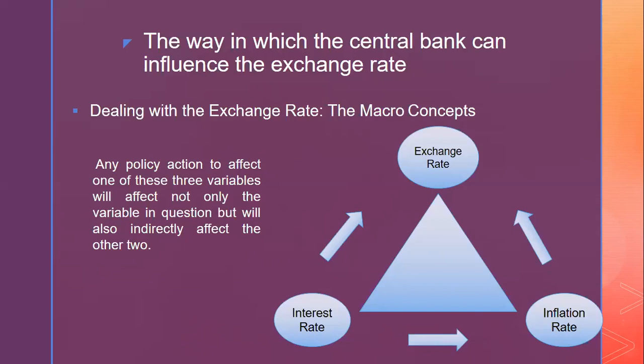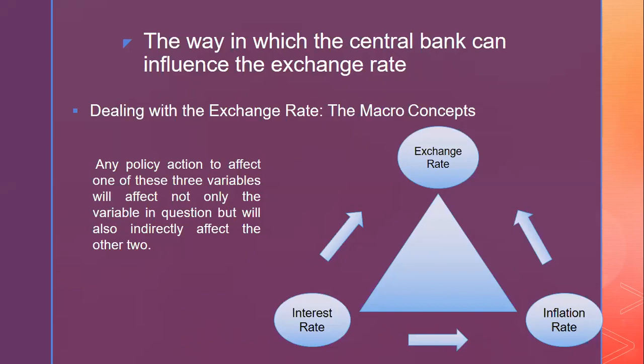So basically here, under this macro approach to the central bank's influence on the exchange rate, we discuss how the influence on the exchange rate by the central bank can have an impact on the other macroeconomic variables in the economy. For example, any policy action to affect one of these three variables will affect not only the variable in question, but will also indirectly affect the other two.